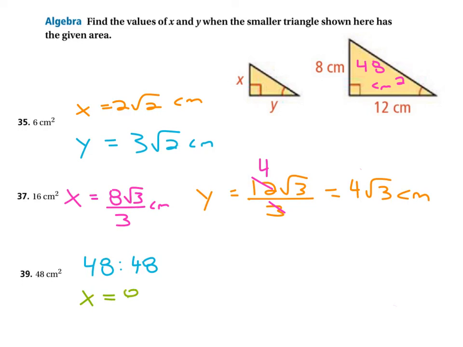Then x has the same value as it has on the bigger triangle, quote unquote bigger, not really bigger, they're the same, and y has the same value of 12. Hope that all makes sense. This is where using your roots comfortably, your square roots and all that, really helps you navigate these kinds of problems.